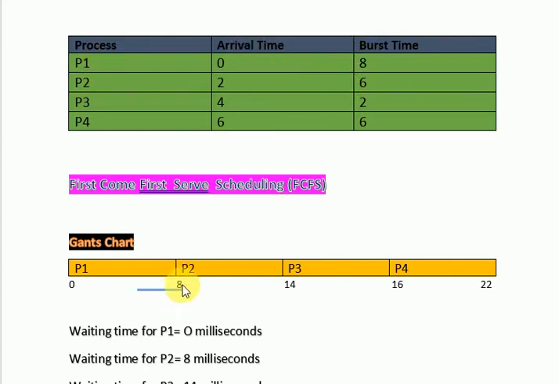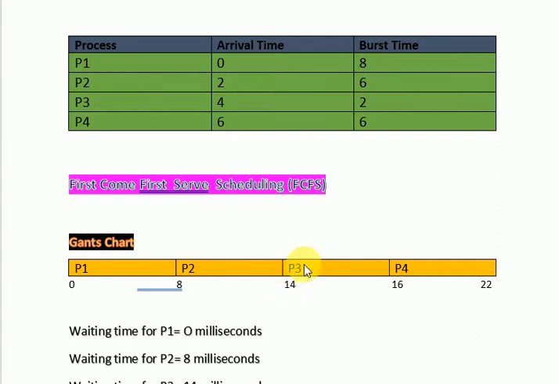Now here we write 8. P2's arrival time is 2 and the execution time is 6. Now 8 and 6 we add together, and the answer is 14. This is the place for P2 execution.